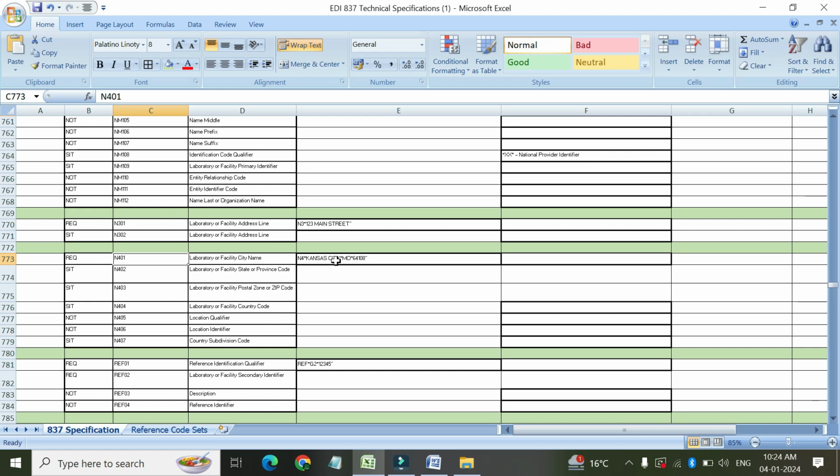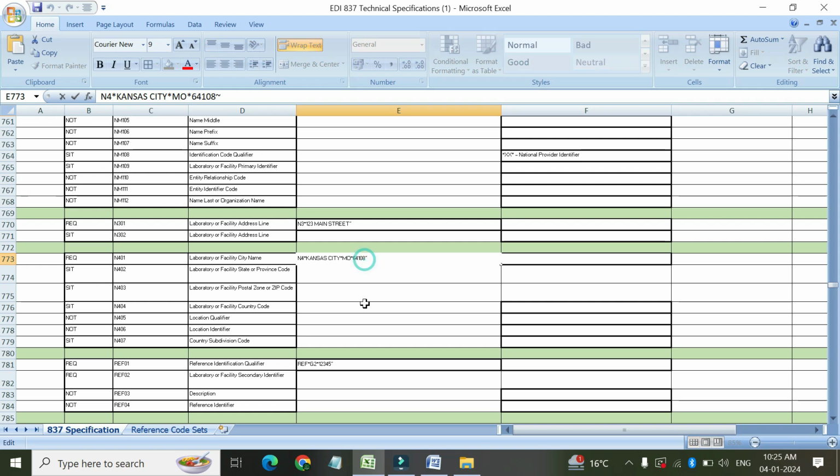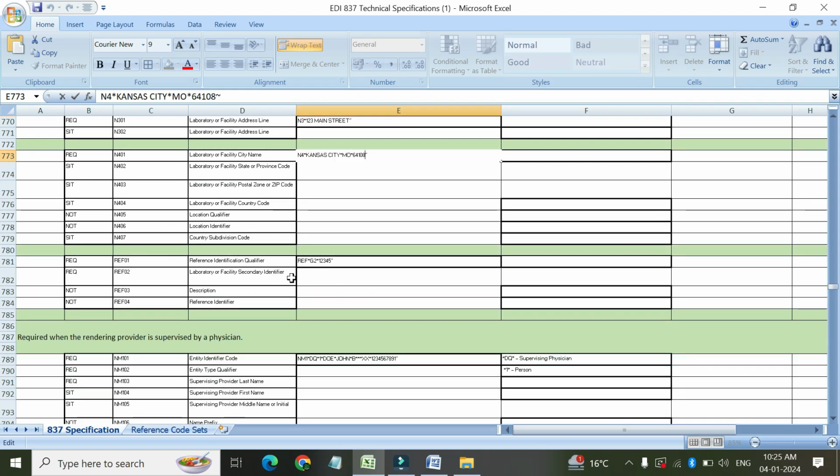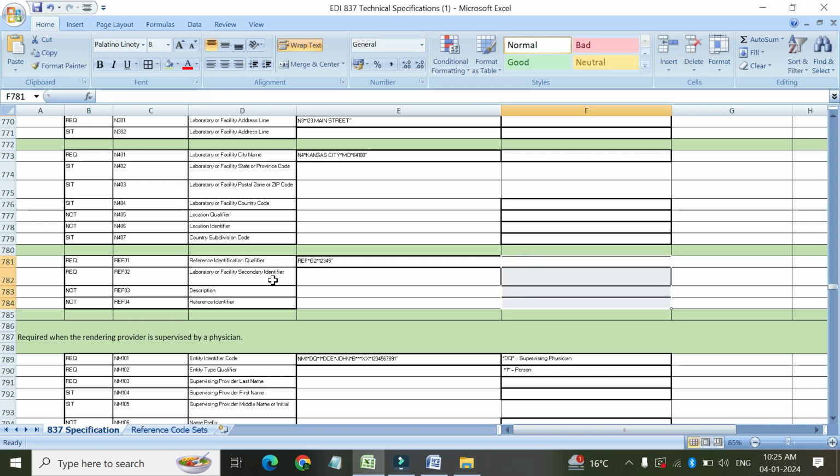N4 will always have city, state and zip code. So first element city name, second element state, and third element zip code. Remember, zip code has to be 9 digits. Secondary identifier for the service facility, again the same thing. In some cases, very rarely, if somebody wants to see this, then it is sent depending on payer to payer, else this is not required.